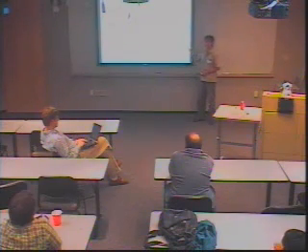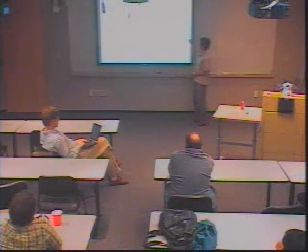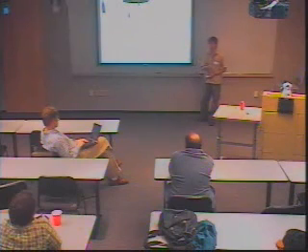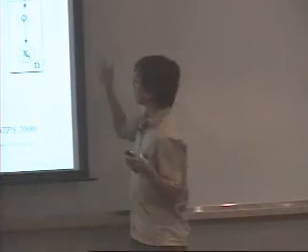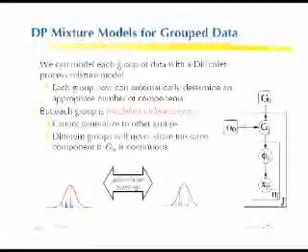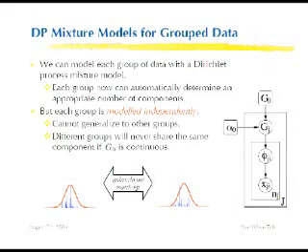In fact, if you look at the posterior, the number of components used to generate our data x is typically much less than n. That number tells us how many components we should use to model our data, and that's a random number as well.